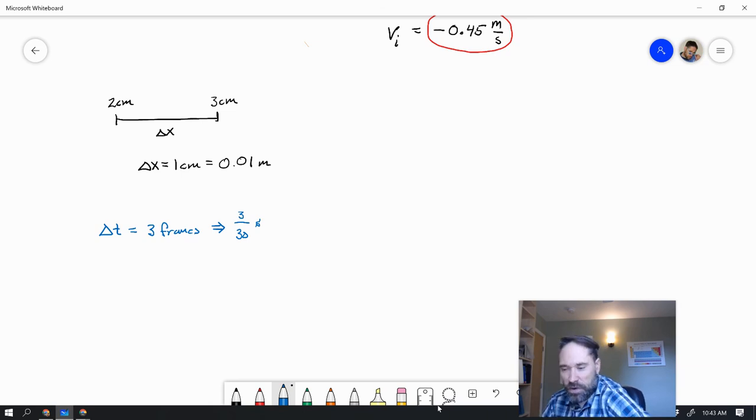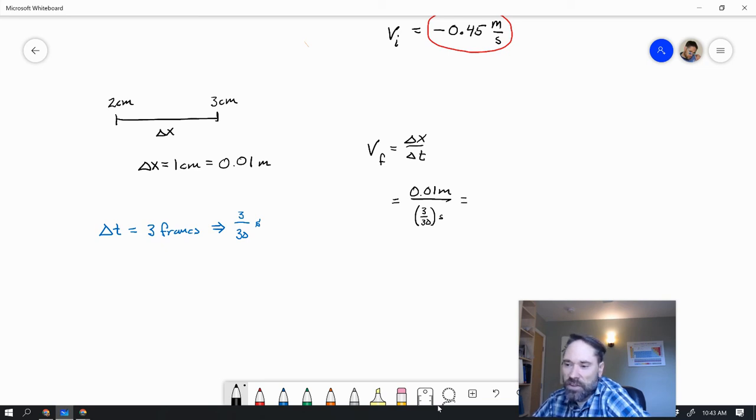So my final velocity, as we were thinking about it before, is, now it's positive, a change in position over a change in time, where this time around it is 0.01 meters, and that's going to happen over 3 over 30 seconds, right?